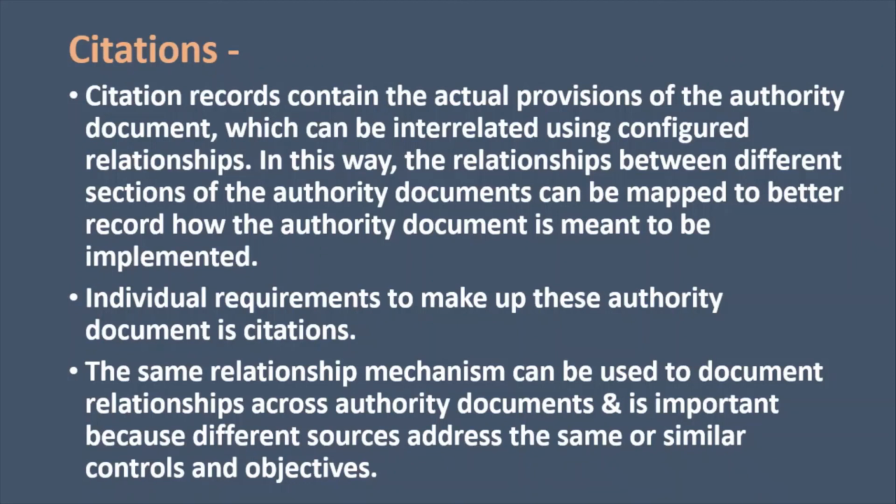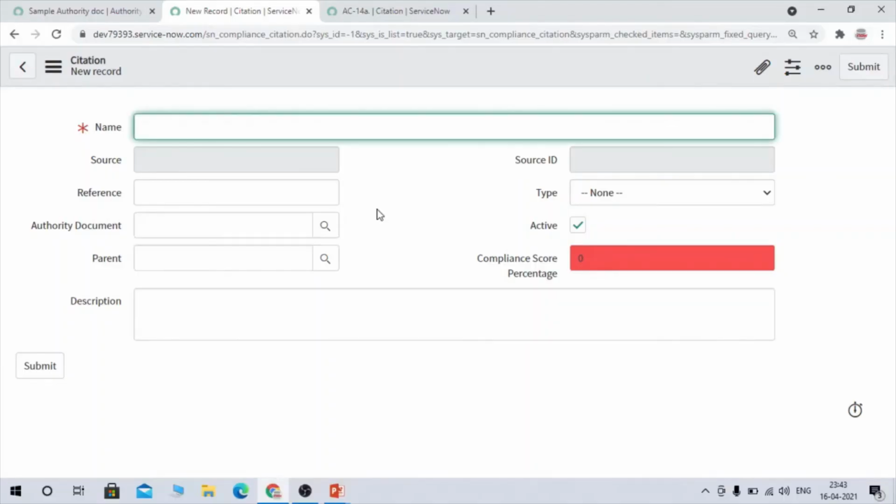The same relationship mechanism can be used to document relationships across authority documents, and it is important because different sources address the same or similar controls and objectives. We'll try to understand what control and objective are. Let's come here and understand citation.